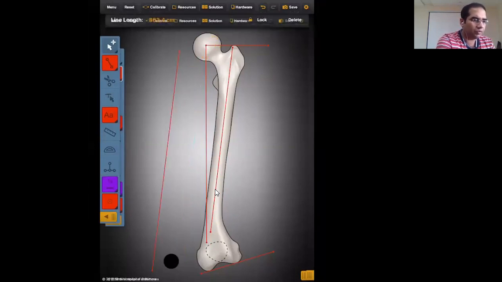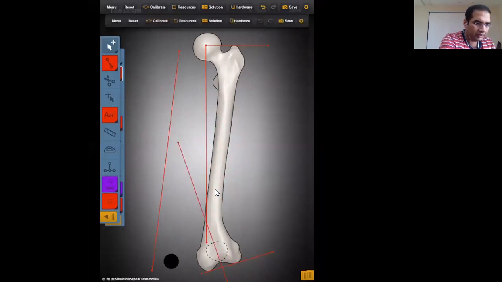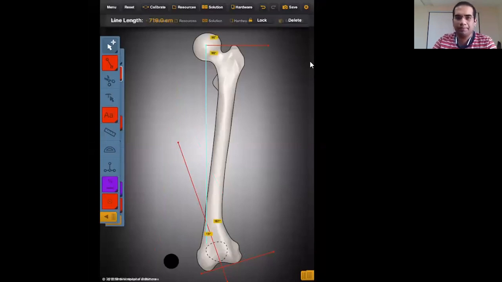Now we can simply remove these 2 lines, and then we are going to draw a normal 88-degree reference line of the distal femur, and this is going to give us our CORA. So this is the rule of 3 lines. I hope this is clear.